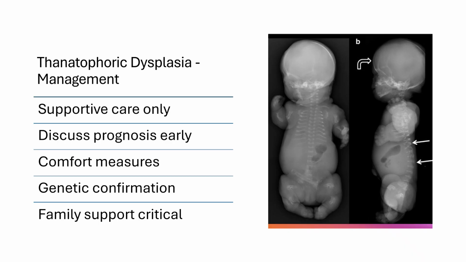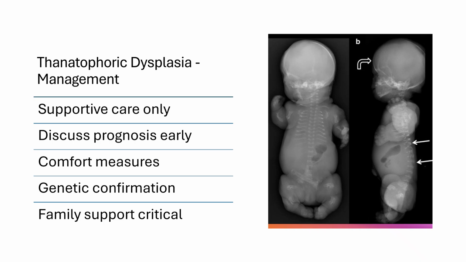Comfort measures become the focus of your interventions, emphasizing anything that reduces suffering or provides solace to both the baby and family. This might include facilitating bonding opportunities, supporting breastfeeding if possible, enabling family presence, and coordinating with chaplaincy services or other support resources. Genetic confirmation through testing provides definitive diagnosis and enables accurate counseling about recurrence risks for future pregnancies.